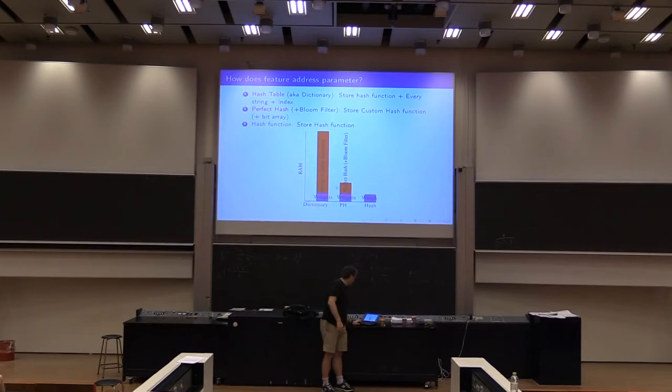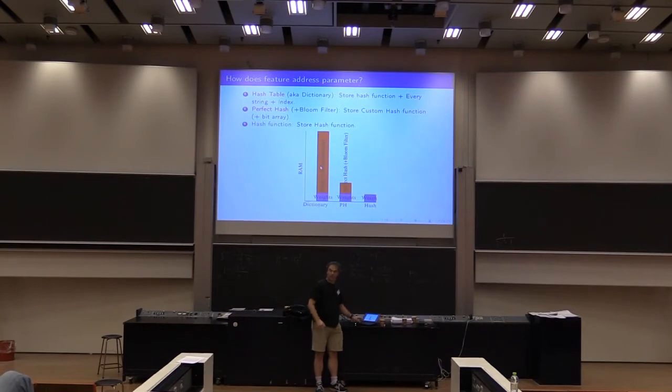The most common approach in machine learning is to use some sort of dictionary. A dictionary was used to create that first data set that I showed you. Now the disadvantage of a dictionary is that at test time, you have to have the dictionary around so that you can translate the words that you see into individual indexes or indices. And that means that you have to have quite a bit of RAM devoted to the dictionary.